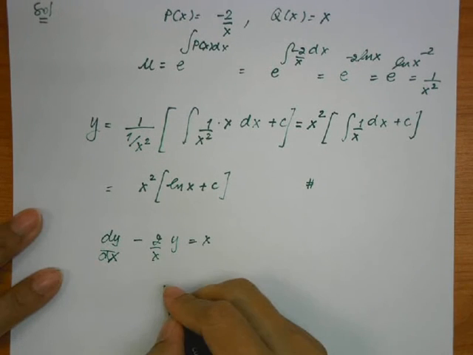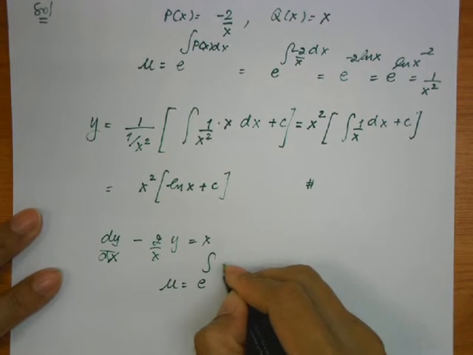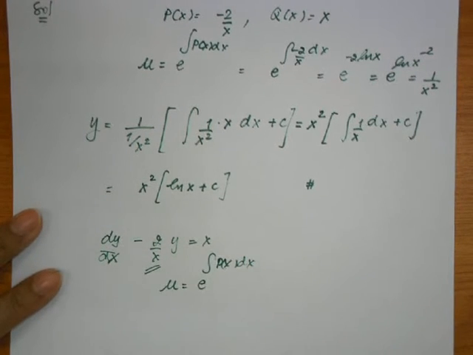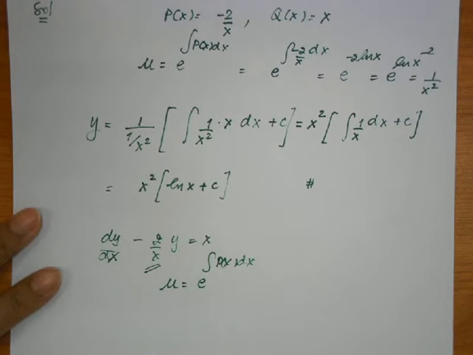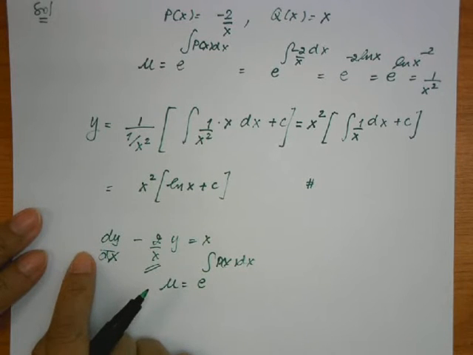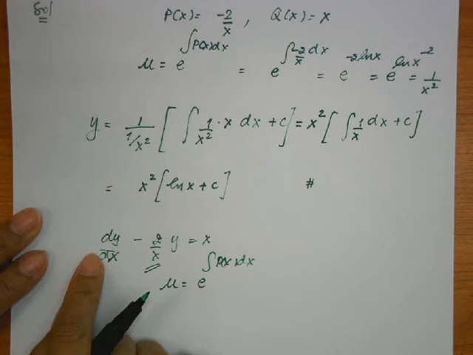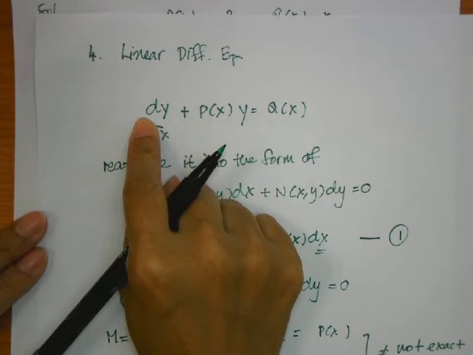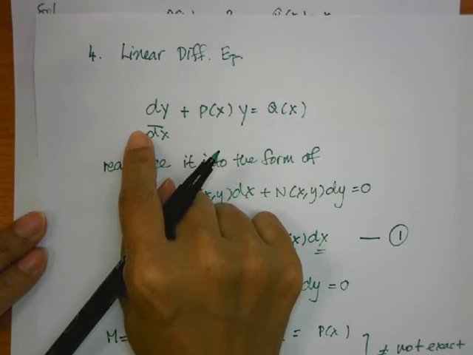You know that your integrating factor is the exponential of the integral of P(x) dx. Remember, if you want to use the formula that the integrating factor is equal to the exponential of the integral of P(x) dx, you've got to make the coefficient in front of dy/dx equal to 1, because this formula is derived from a differential equation where that coefficient is 1.